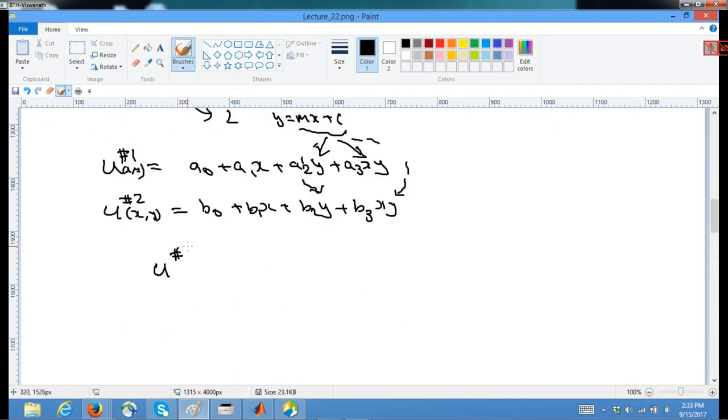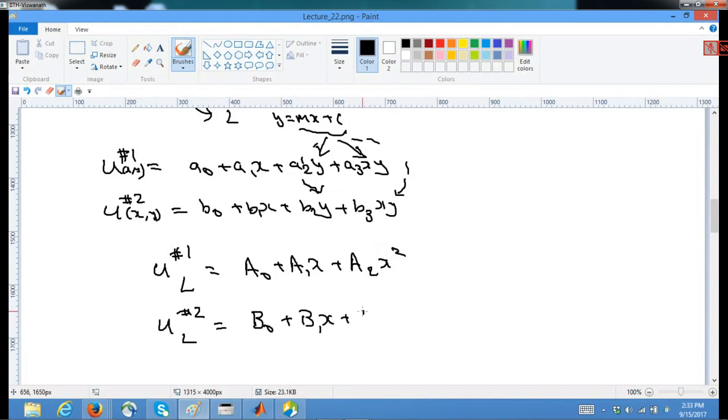along the line L, element 1 is given by a0 + a1x + a2x², and for element 2 is b0 + b1x + b2x².